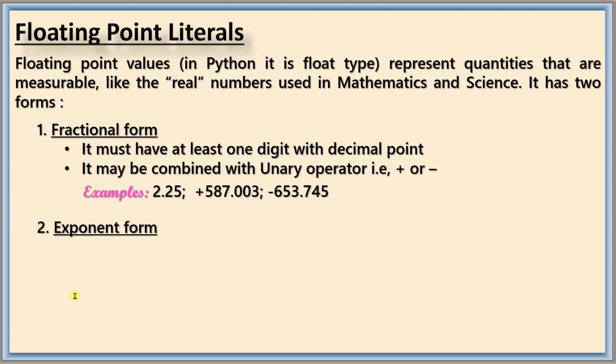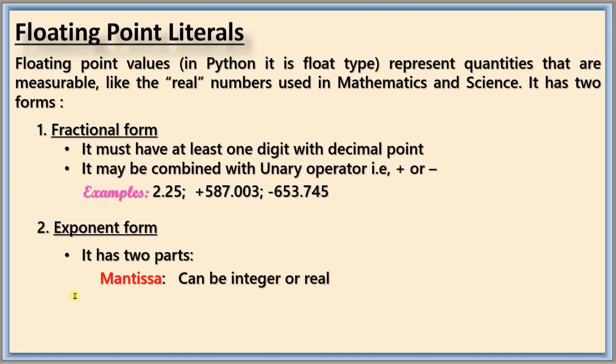Exponent form. So you might have learned that in mathematics or in science, we will have always 10 to the power, right? So here we can use capital letter E or small letter e. It has two parts. The first part is mantissa, that is an integer or real number.